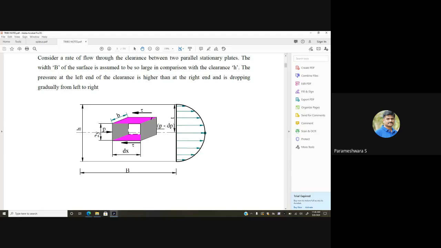So the net pressure is P minus dp, and t is the distance from the upper plate to the center axis, and tau are the shear stresses induced against the fluid flow. This is tau on the other side. On both sides you will have two surfaces, meaning two shear stresses, and dx is the length of the element, and B is the total width of the plate.